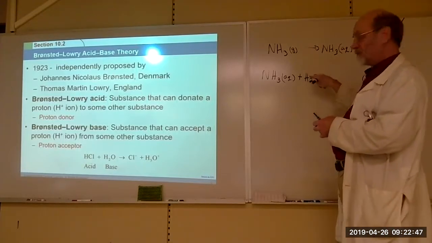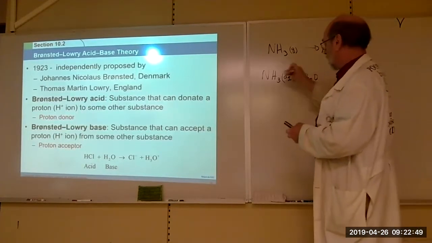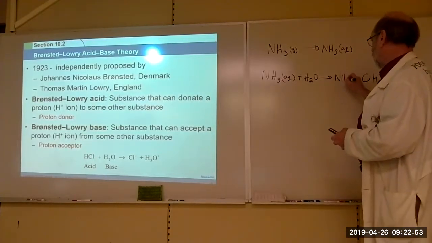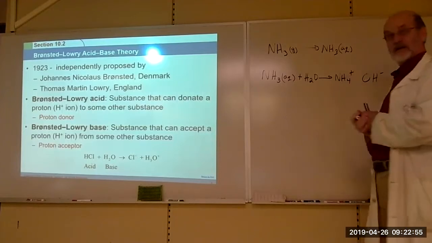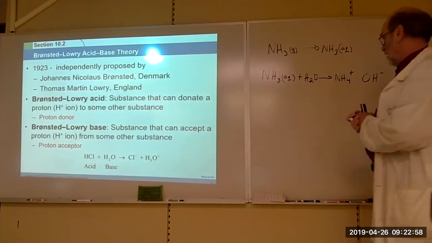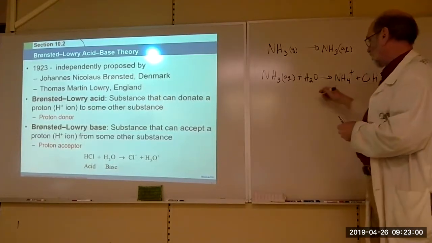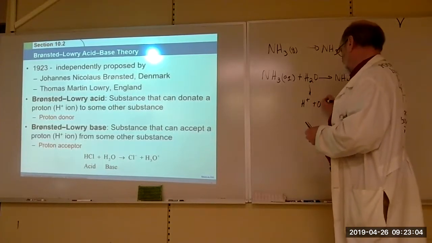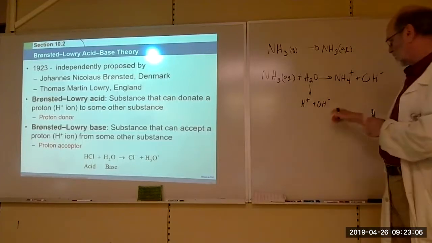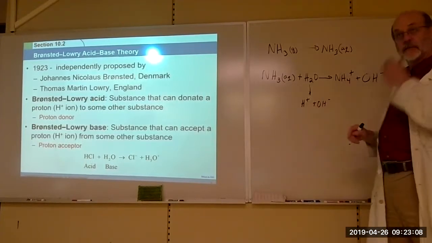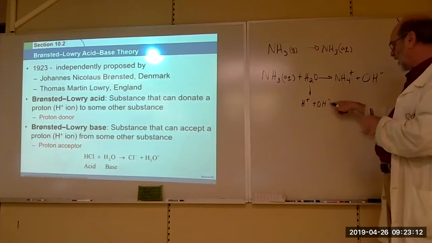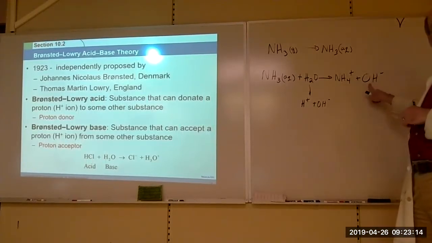It ionizes and transfers that proton to the ammonia to make the ammonium ion. So what's left over is the hydroxide, because this produces that and that. Right? 2 hydrogens, 1 oxygen. So if the proton comes over here, it leaves behind a negative charge, and there's your hydroxyl.